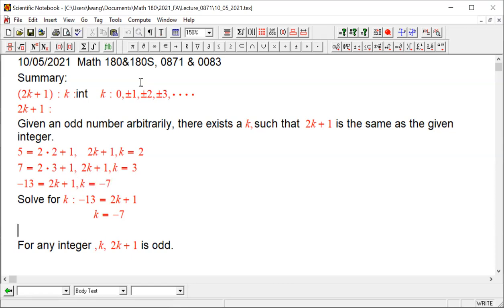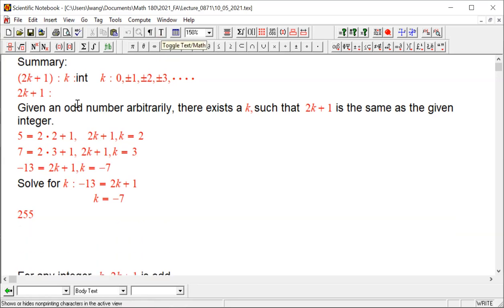How about 255? Can I represent 255? Well, I don't know what k is, but I can set up an equation and solve it. What do we get for k? 2k equals 254, right? And what does k equal?